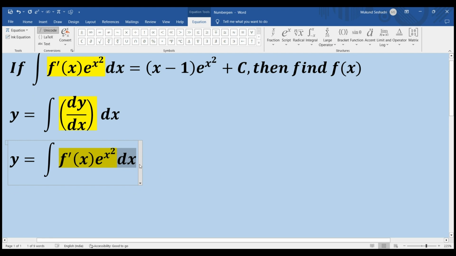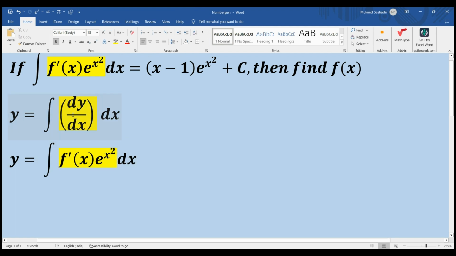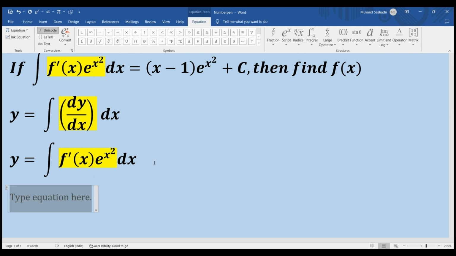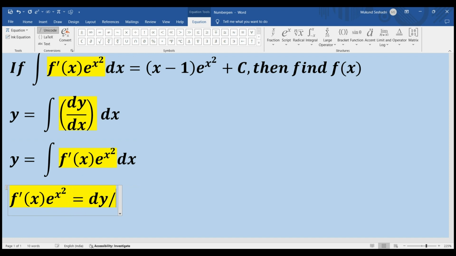That's my y, and if I draw a parallel to what I've written in my earlier line, which is the integral of dy by dx times dx, then I can conclude that my f dashed of x times e to the power x square is my dy by dx, right?